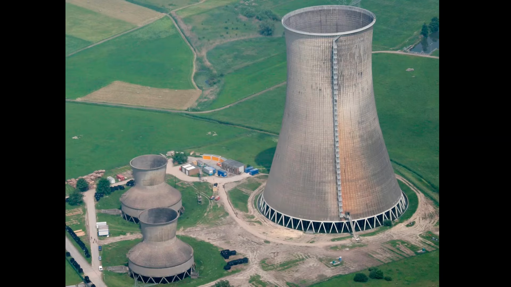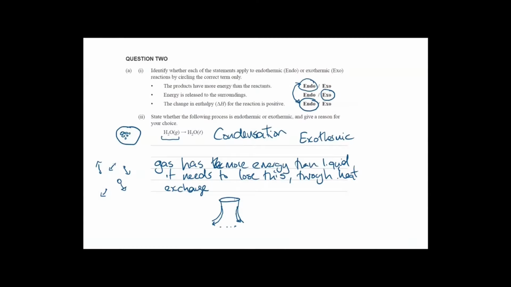It rises and it condenses and goes to the bottom. They're actually really clever engineering there. And then, of course, some steam will escape out the top, but the main point is to cool the water that's being used in the reaction.